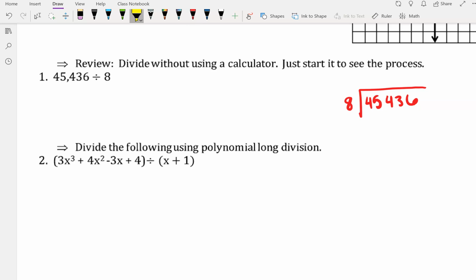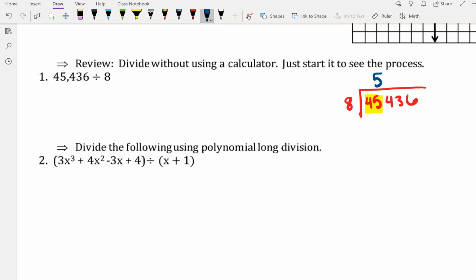Then we look at the divisor, 8, and we see how many times it goes into this first digit on the left. Well, 8 doesn't go into 4 at all, so then we have to look at the first 2 digits. 8 does go into 45 5 times with some left over.